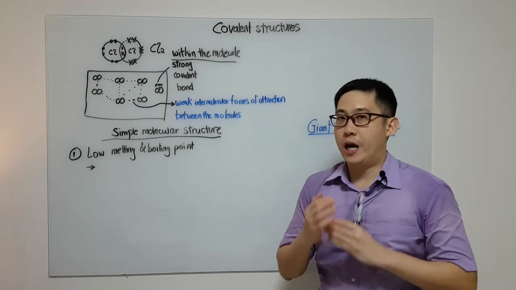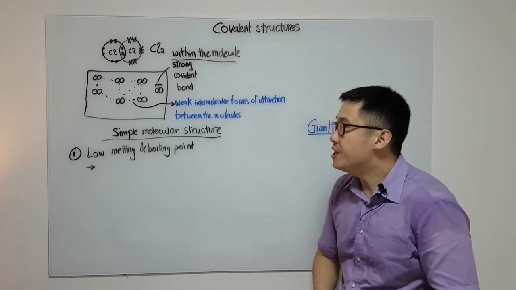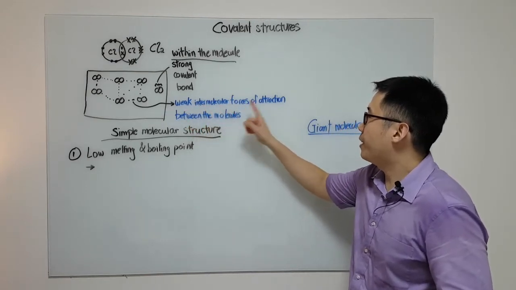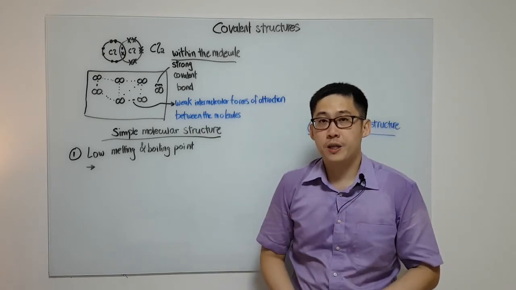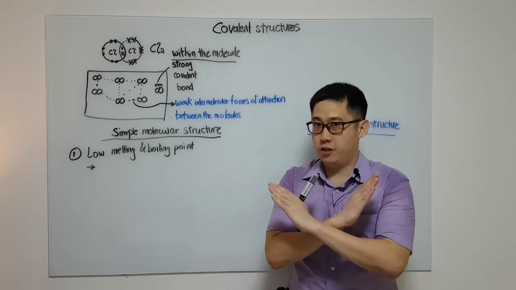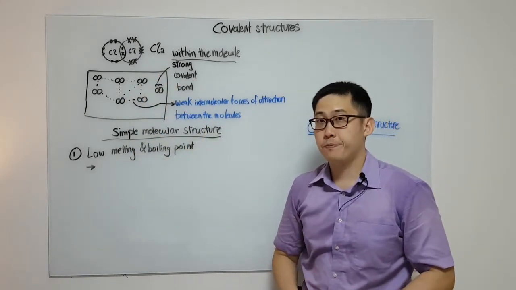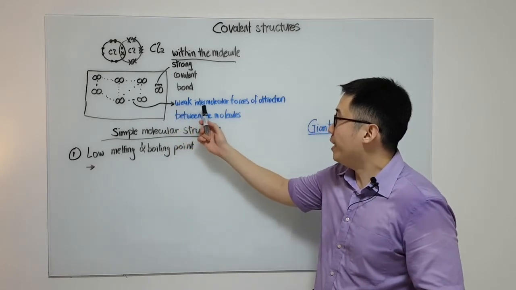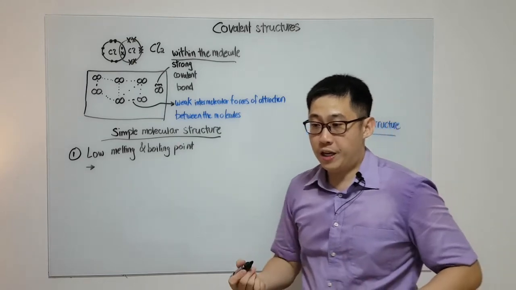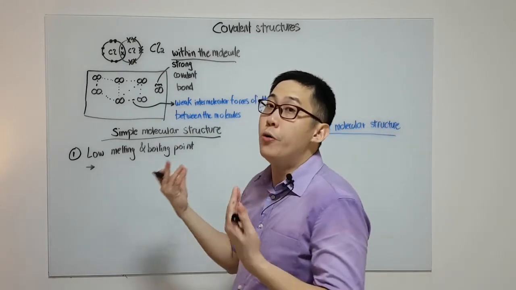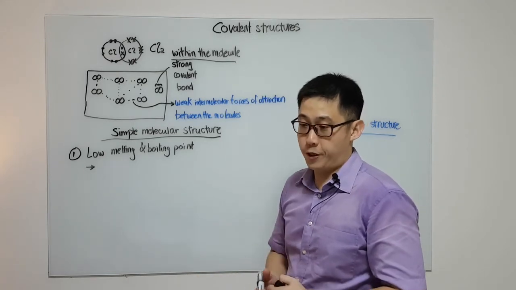During melting and boiling, when there is a change of state, it is these weak intermolecular forces of attraction that need to be overcome. It is not the strong covalent bonds that need to be broken, because these weak intermolecular forces of attraction are weak. They do not require a lot of energy to be broken.